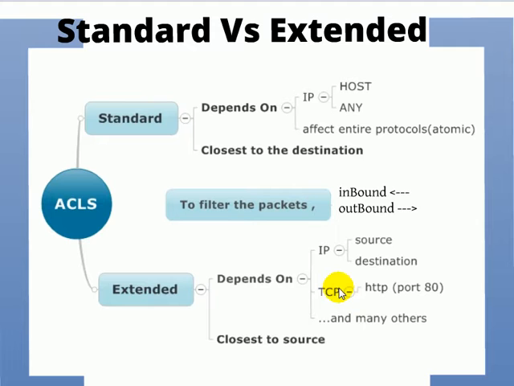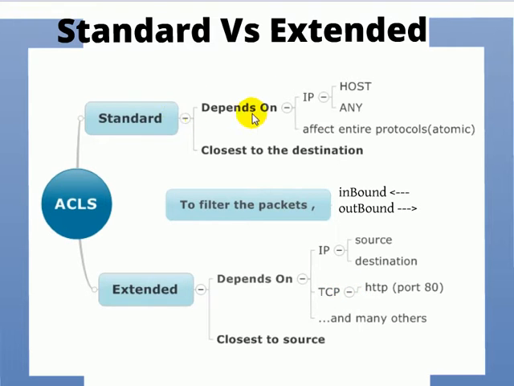So if you want to use TCP, you need to define the source, the destination, and the port, the service number. I'm going to use HTTP, so I want to use port number 80 or www. You can use other protocols: TCP, OSPF, UDP. You have much flexibility in the extended.